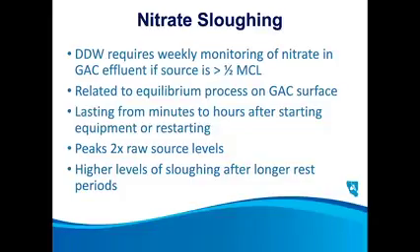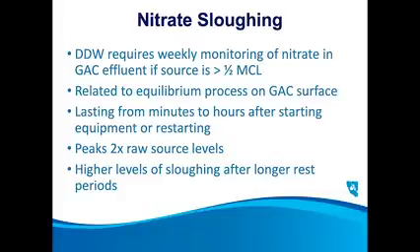So let's talk a little bit about nitrate sloughing. Division of Drinking Water requires weekly monitoring of nitrate if you're treating a source that is greater than 1/2 of the MCL. Nitrate is basically some type of equilibrium process that happens on the GAC material, and it can last from hours to minutes after starting or restarting the equipment.